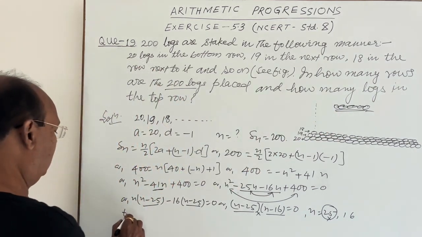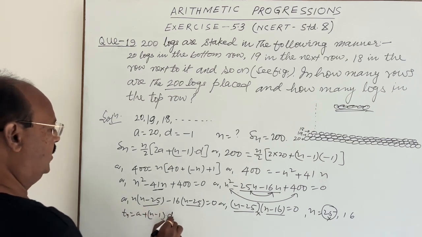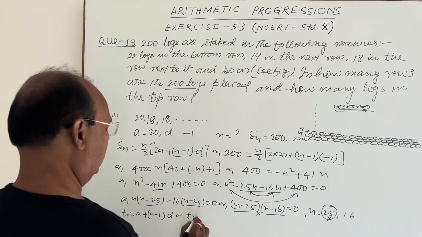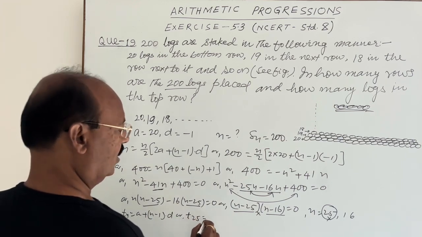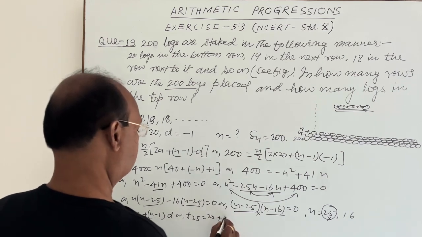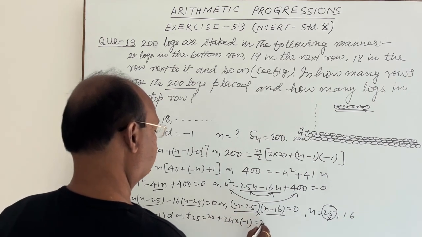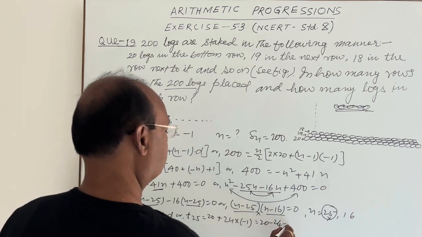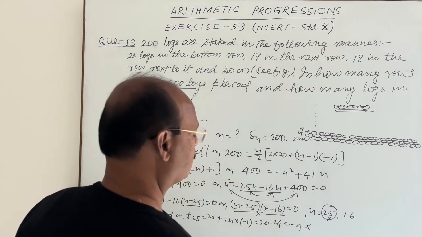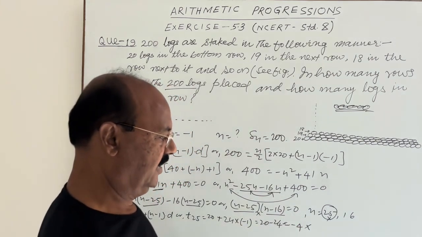We know the formula Tn is equal to a plus (n minus 1) into d. T25, taking n as 25 and first term a as 20, is 20 plus 24 into -1, which is 20 minus 24, equal to minus 4. This is not possible. The number of logs cannot be negative.